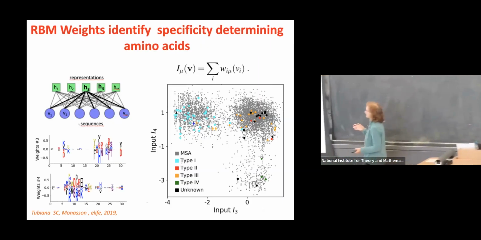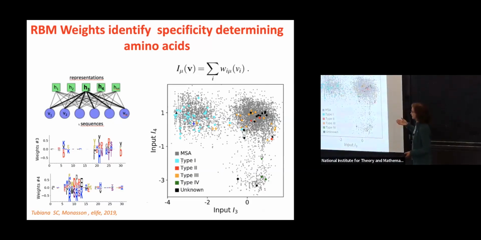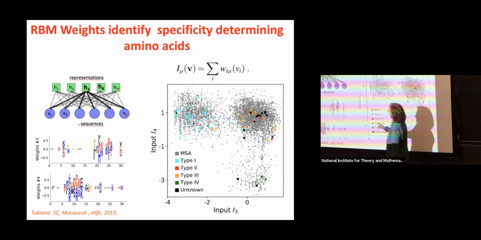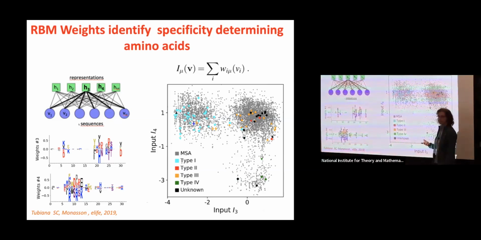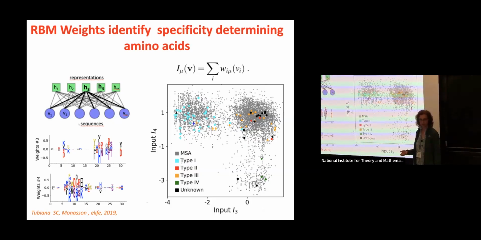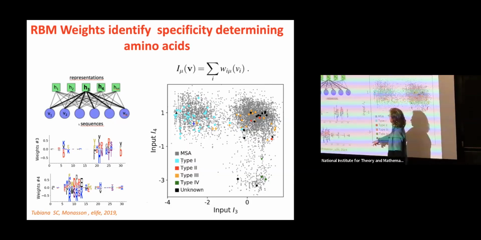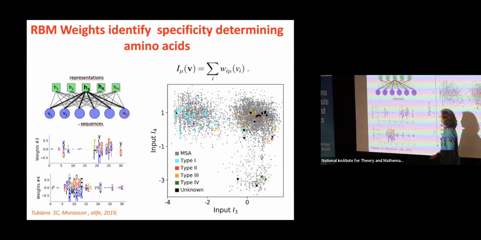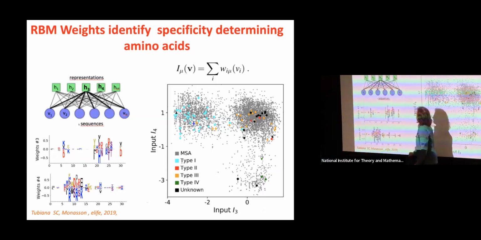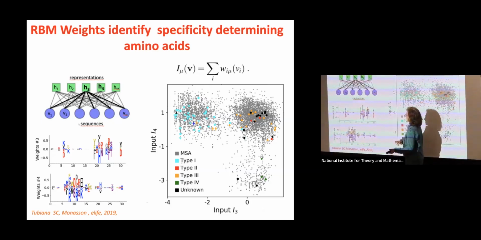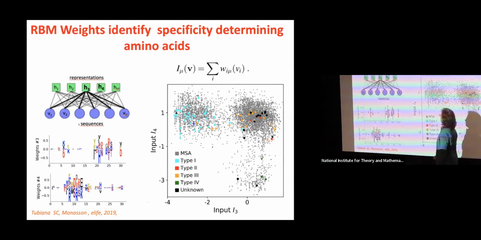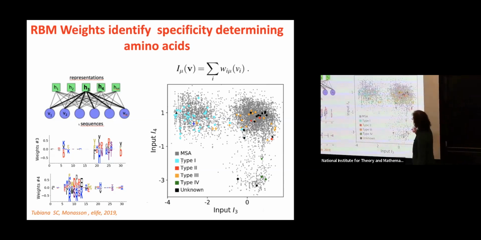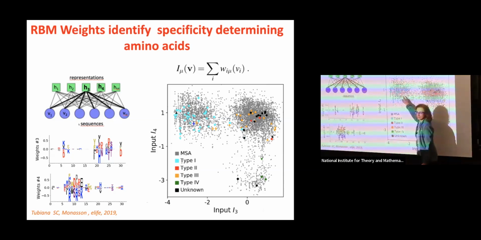So the weights are quite sparse and they give us what are the important amino acids to be in the different binding specificity classes you have in your protein. So in particular, if, for example, you have a histidine in position 21, if your sequence has a large overlap with this pattern, it will have a negative input on hidden unit 3, and so it will be of type 1.